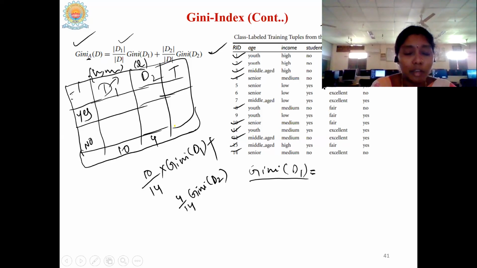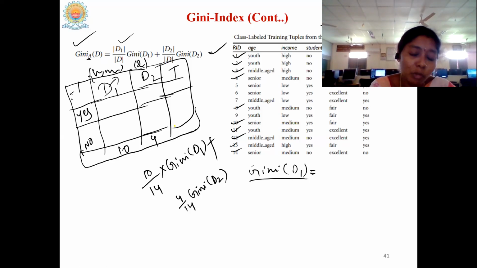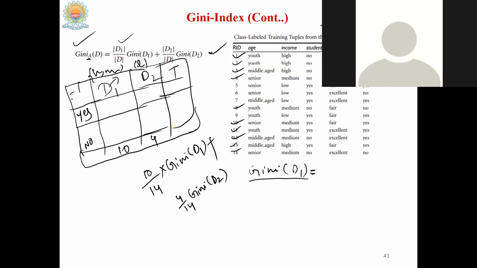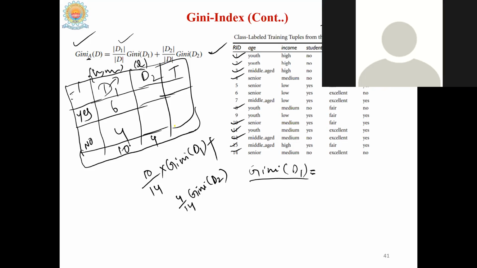So all these are the tuples belonging to the D1 partition. Out of this, how many are belonging to S and how many are belonging to no? 6 S, ma'am. 4 no.